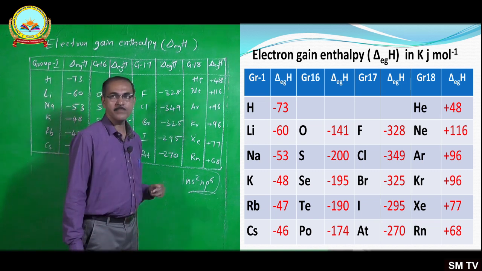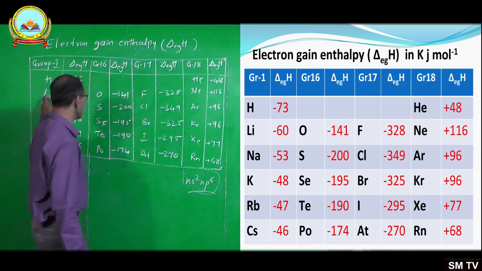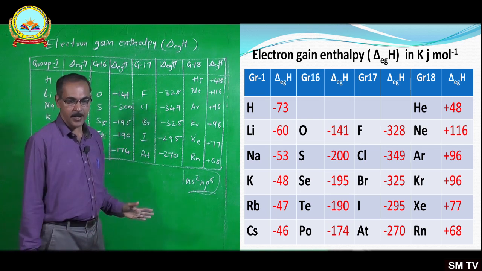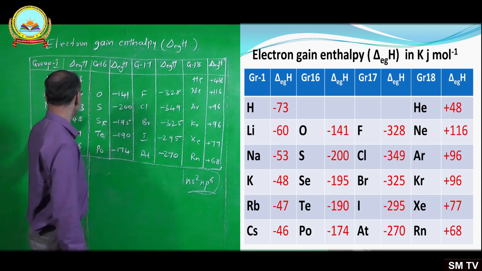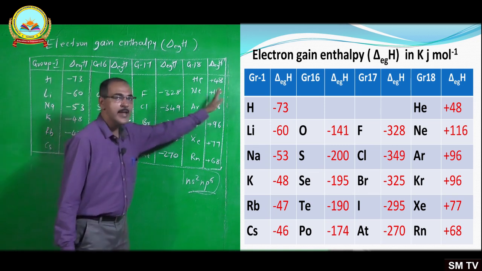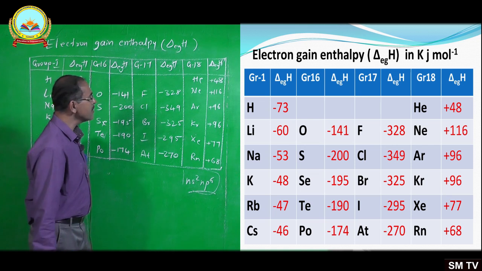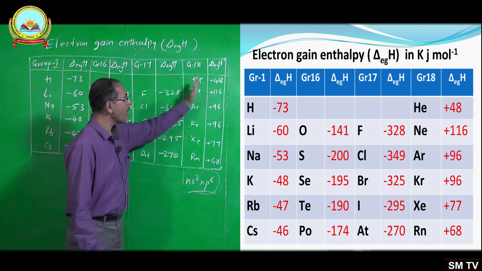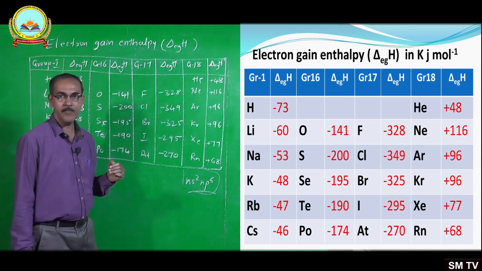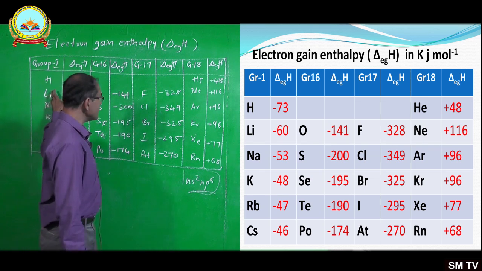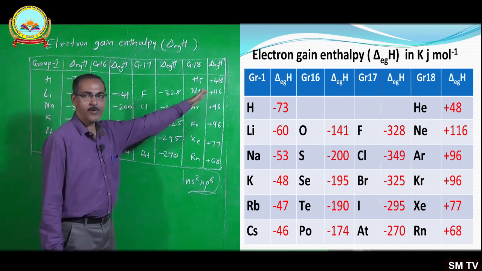Along the period, in general, electron gain enthalpy becomes more negative across the period. That means the energy released is more and more as you go along.